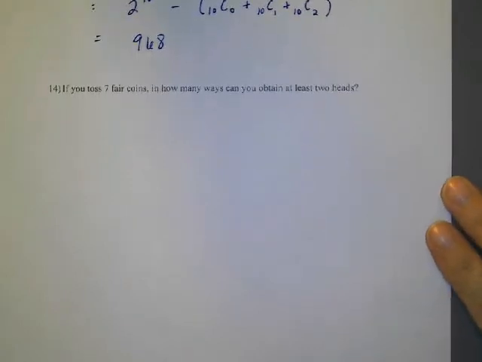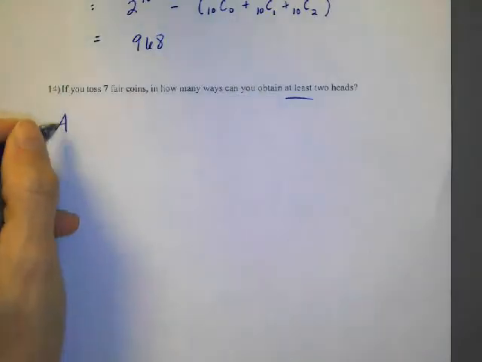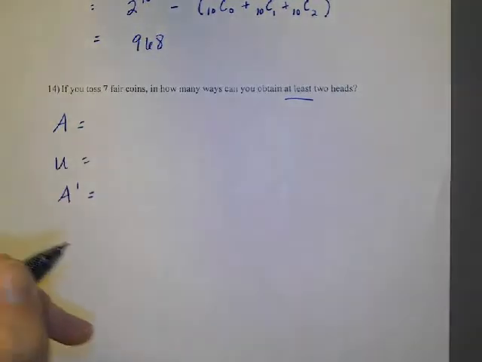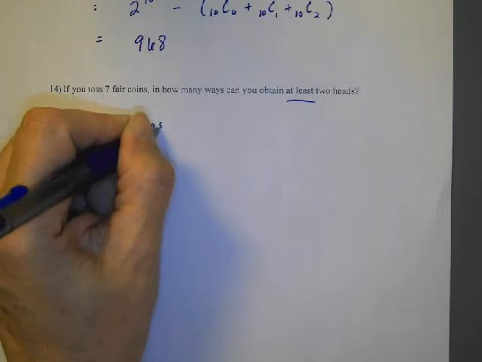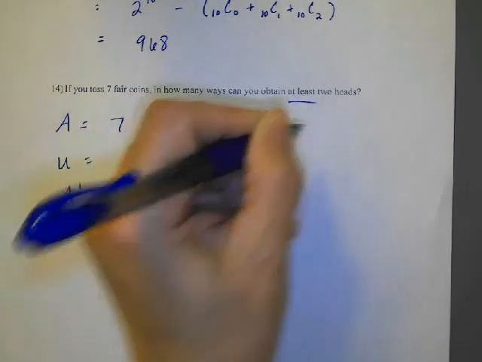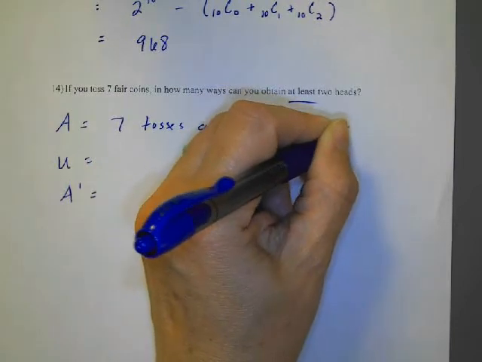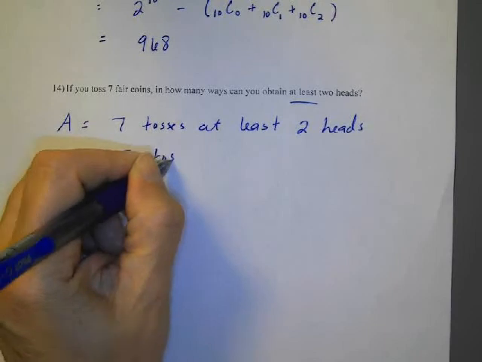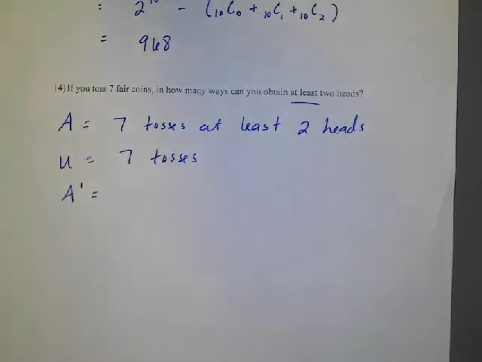Last one. If you toss 7 fair coins, in how many ways can you obtain at least 2 heads? A, U, A prime. A is 7 tosses at least 2 heads. U, 7 tosses. What are all the things that could happen if you toss the coin 7 times?